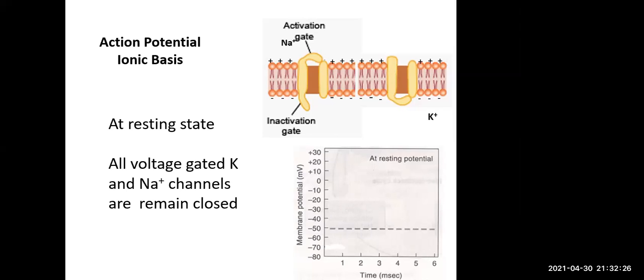Whereas for potassium, whenever there is opening of the potassium channels, there will be movement of potassium from inside to outside; efflux will always be there. So it is based on the concentration gradient, and not only the concentration gradient, the electrical gradient also. The inactivation gate is inside the membrane, whereas the activation gate is outside the membrane. Normally, inside it is negative, outside it is positive at the resting state.